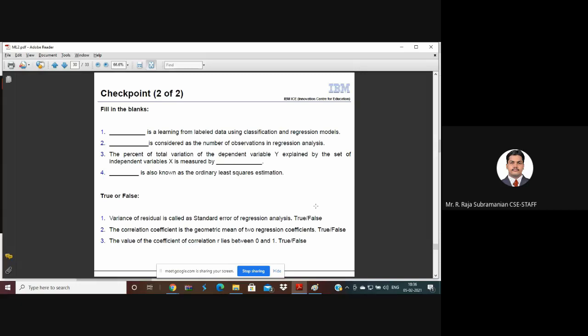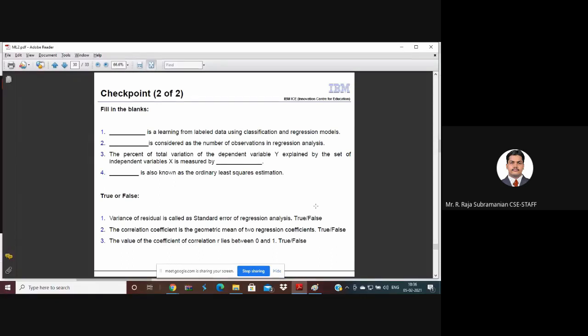For example, when we use linear regression, how will we calculate the error? Y minus y cap, the whole square divided by, at the bottom you write n minus 1. What is that n minus 1 called? We say something called degrees of freedom. Great.